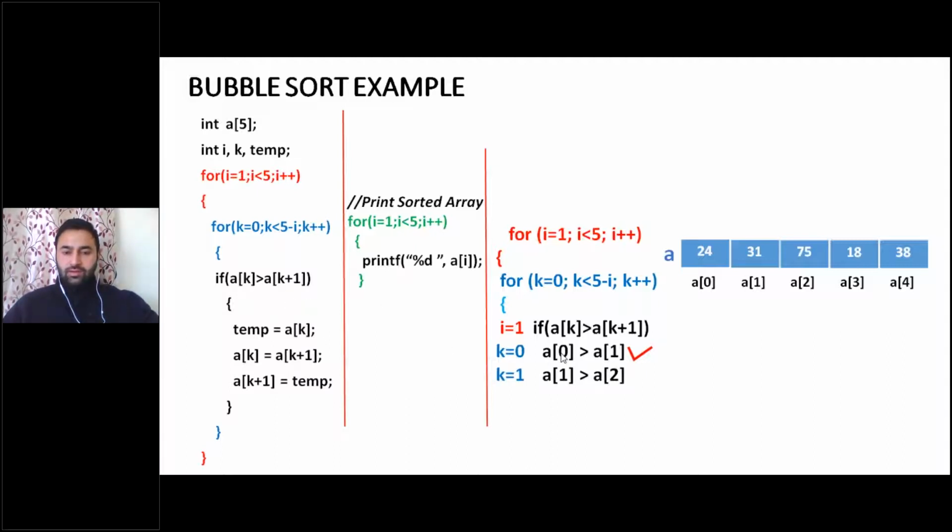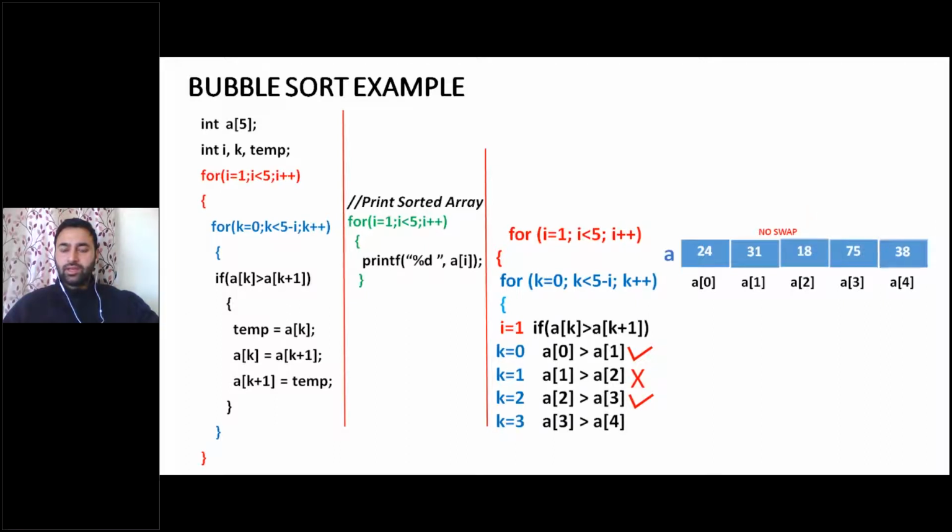Next time the value of k will become 1, and a of 1 will be compared with a of 2. This time the condition is wrong, so there will be no swapping. Next time the value of k will become 2, and a of 2 is greater than a of 3. This is true, so there will be swapping.